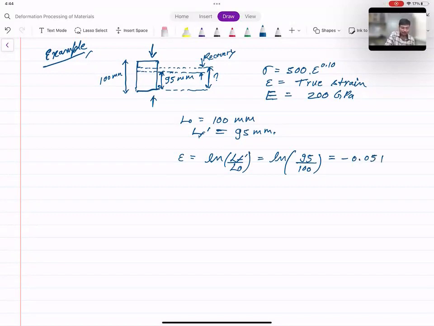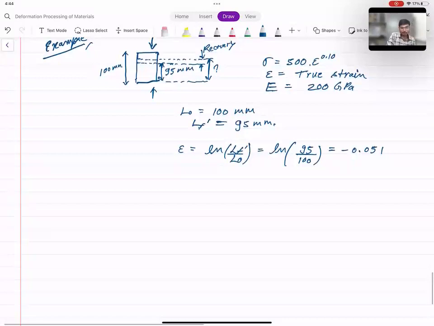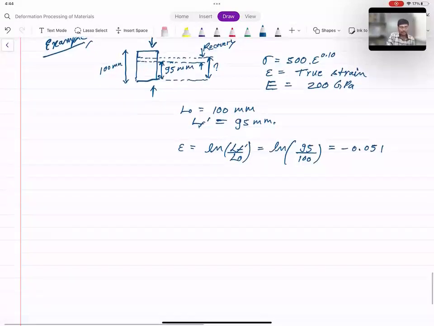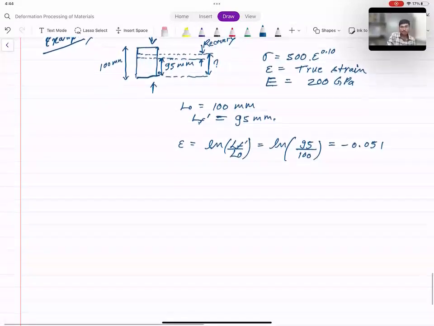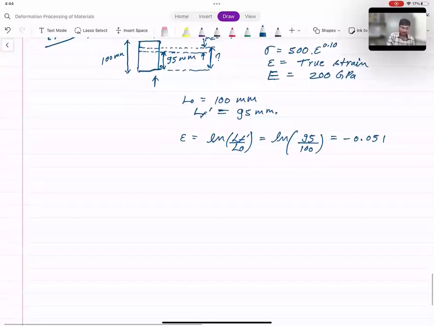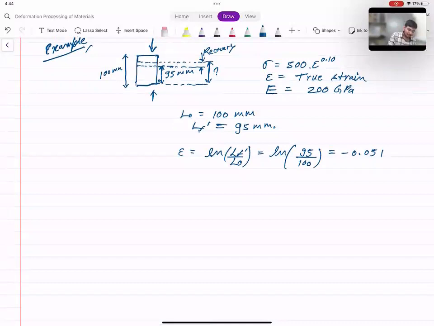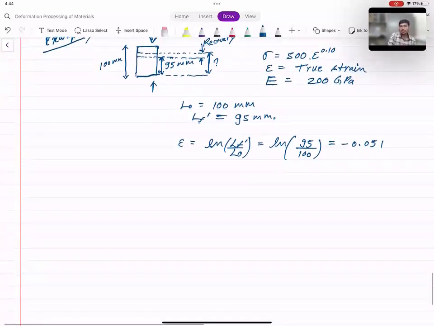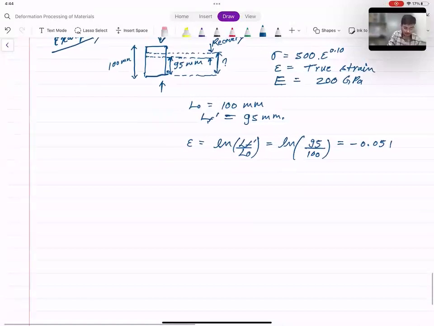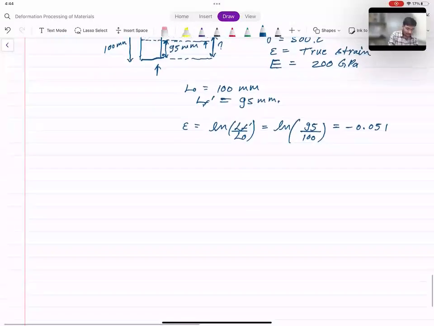Okay. It should come out negative because this is a compressive load, so the length is decreasing, so definitely true strain should be negative. And it comes out to be negative. But if we now substitute this into the relation for stress, we will have to use the magnitude only. Okay, so we will not take the sign here.